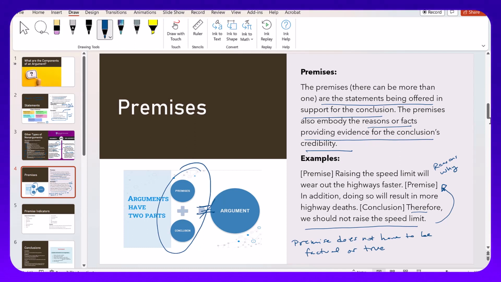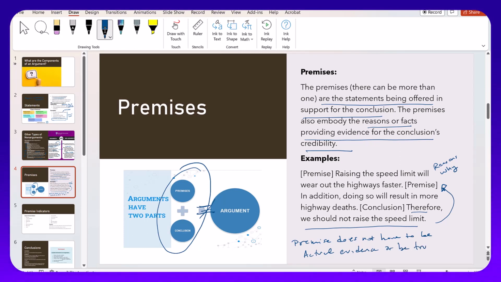And this is sometimes the hard part of this, because we want to assume that if someone's making an argument, it means it has to be true. But we're going to look at how that breaks down and what's valid and what's not. But this idea is that it doesn't have to have actual evidence or be true, right?